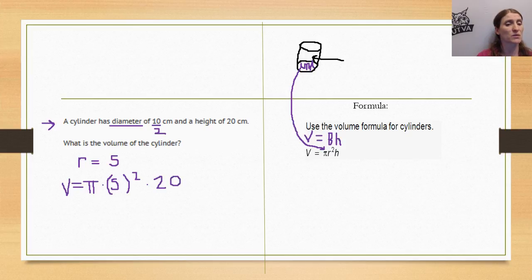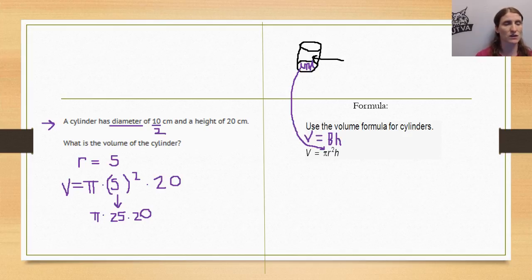So if I continue on with this, I'm still going to square the 5. So that's 5 squared is 25. And then if I carry the stuff down, I have pi times 20 times 25. So it looks like I can continue to multiply. So I'm going to multiply 20 and 25. 20 times 25, oh, I know what that is.